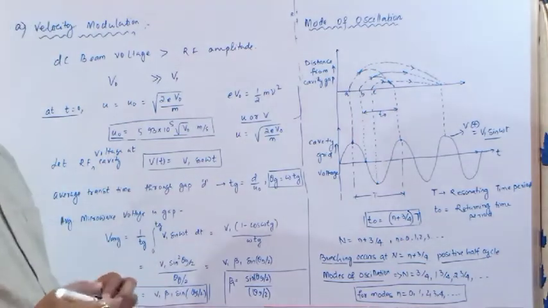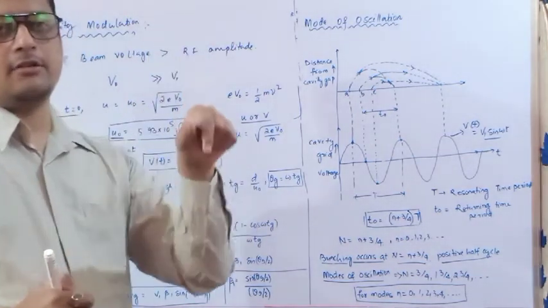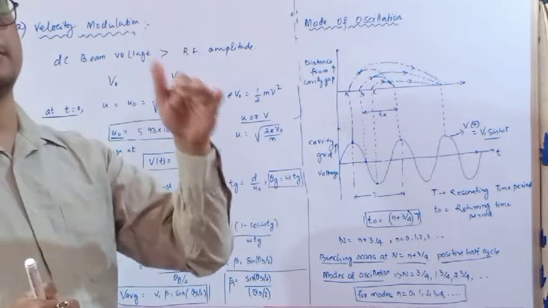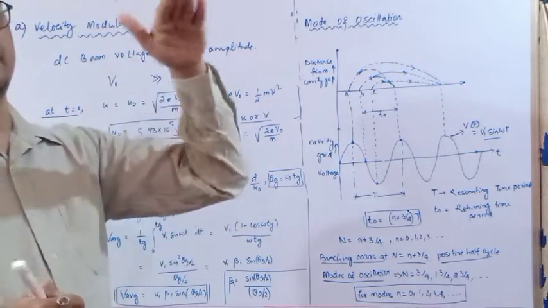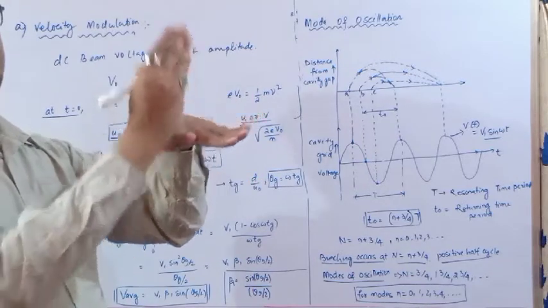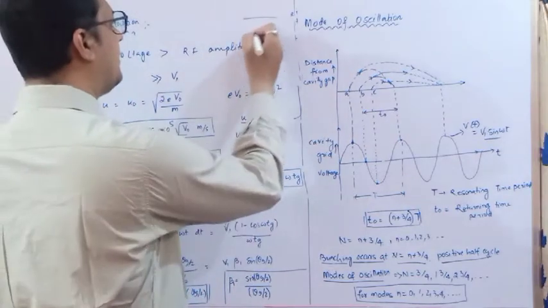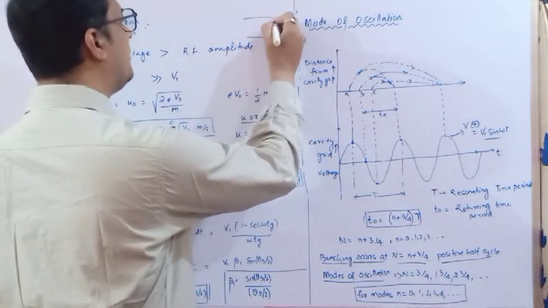Then next, in that gap small d, when the electrons are crossing from the lower plate to the upper plate, if the gap is like this, it will move from this point to this point. So what is the gap? The gap is small d.